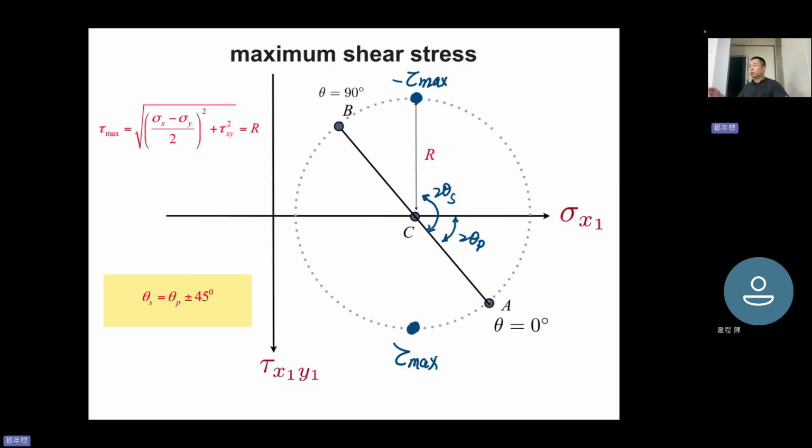And in the real world, divided by 2, 45 degrees. So theta S equals theta P, difference 45 degrees. Everything is in this circle, all right?